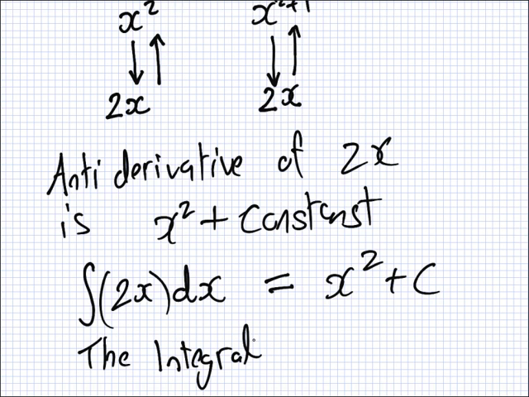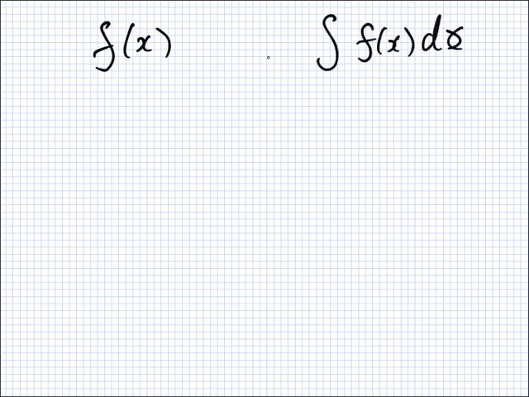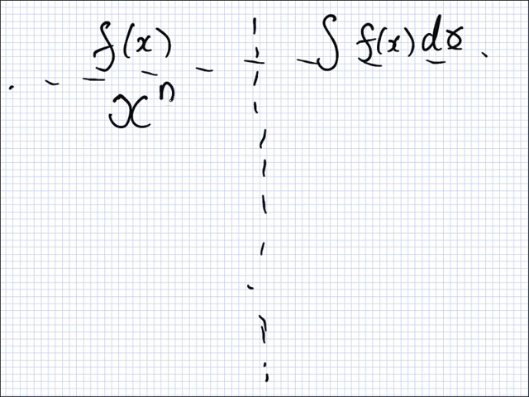Here is the function, and then here is its antiderivative, its integral. So the first one is x^n, and this becomes x^(n+1) over n+1, plus c. Increase the power by 1, divide by the new power.